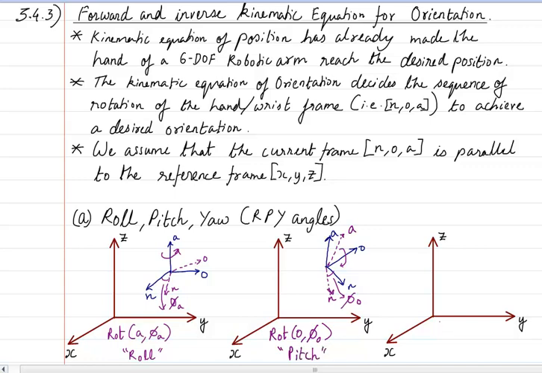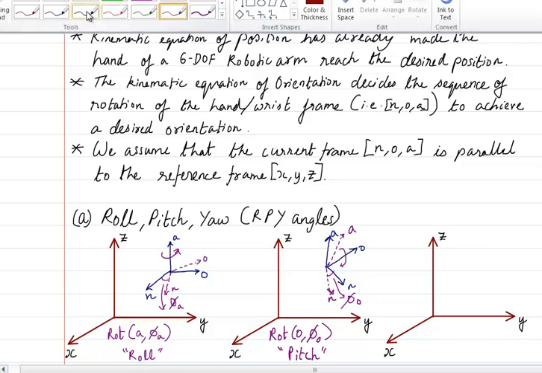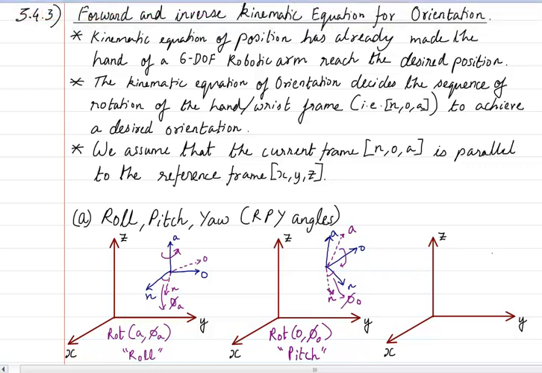And the third one is, see, we have not changed the position, it remains the same, only the orientation is changing. For the third one, we first have to draw the current condition of NOA. So O is here. A is now here, based on this diagram I am drawing, the second diagram.